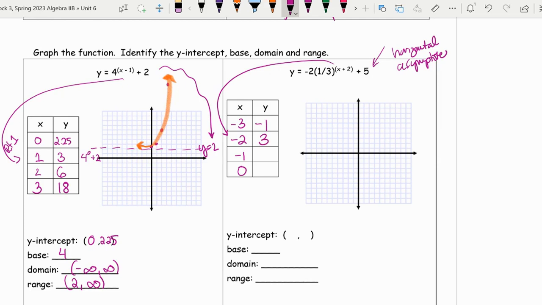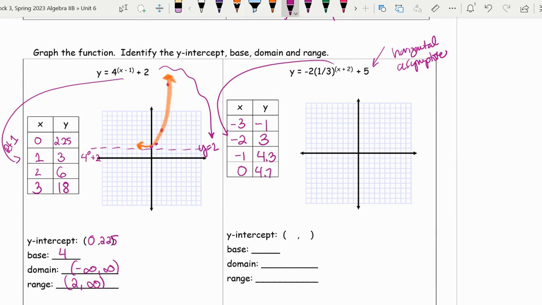Negative 1. So it's negative 1 plus 2 in the exponent. And I'm at 4.3. And 0 in the exponent. And I get 4.7 or 4.8, sorry.